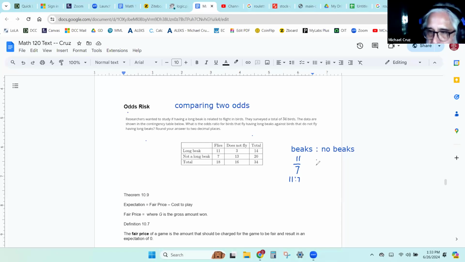So then on this side, it's 3 long beak to 13 not a long beak. So then our final calculation is essentially 11 sevenths over 3 thirteenths.